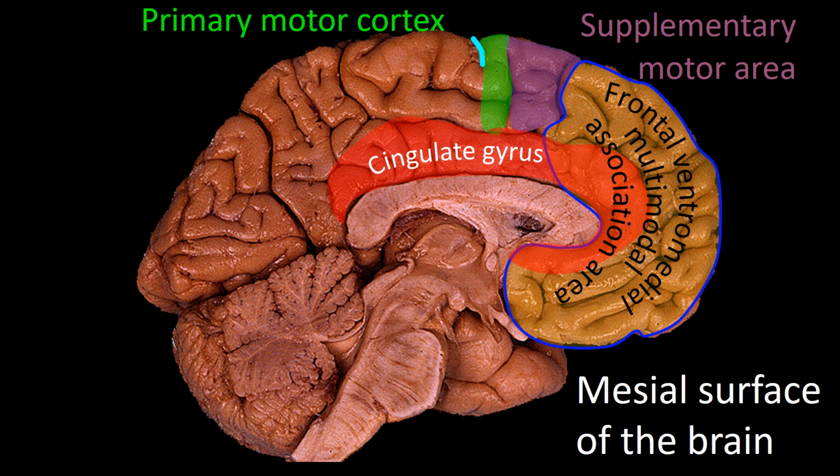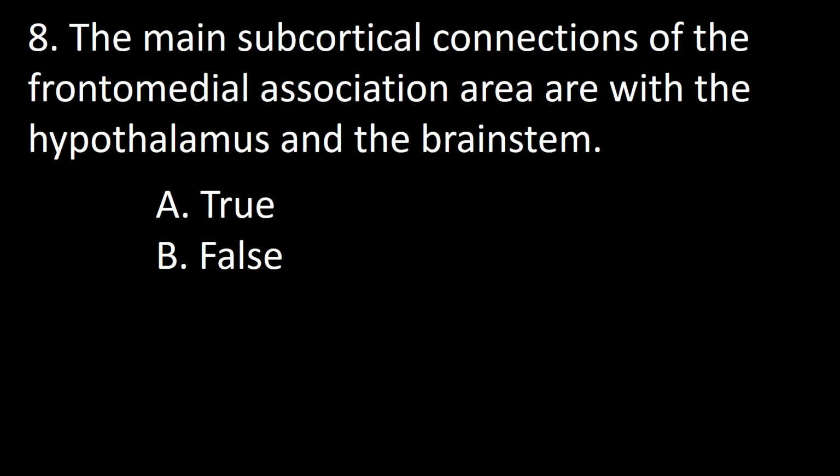Other important connections are with the hypothalamus, the brainstem, and the amygdala. These connections are not direct connections, but they are very robust connections. So the answer to this question is true.